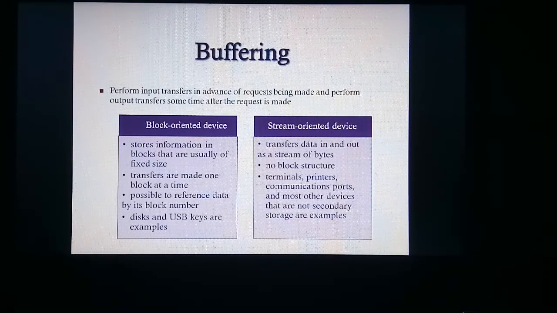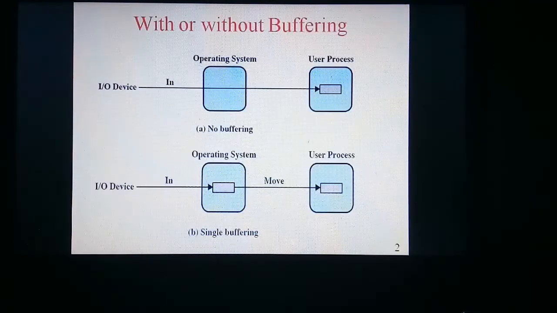Block oriented devices have a fixed block size, and within that block size you have to send or receive the data. In stream oriented devices, there is no block structure; the data flows in as a stream. So these are the two different ways in which information is received from the IO devices.